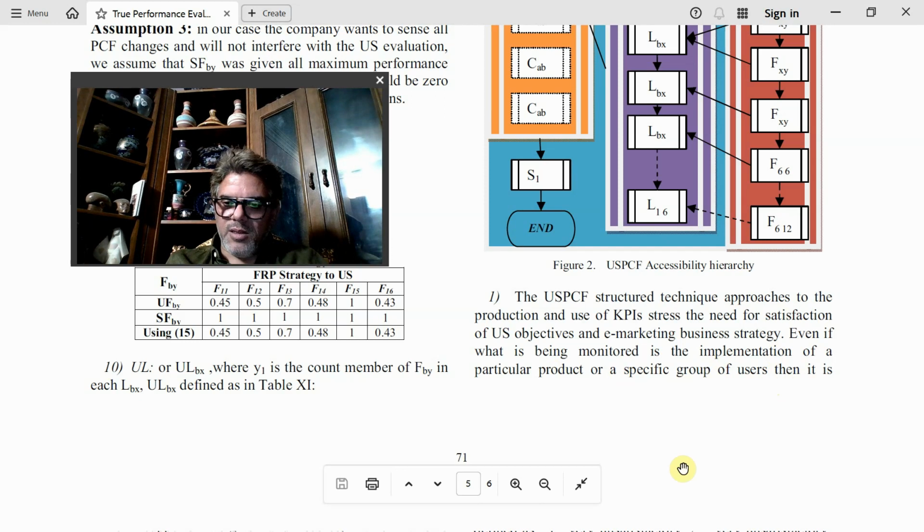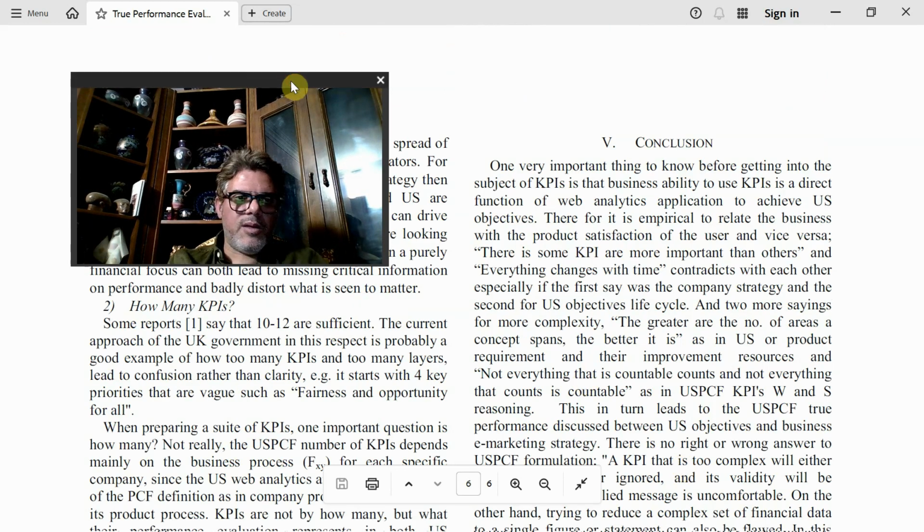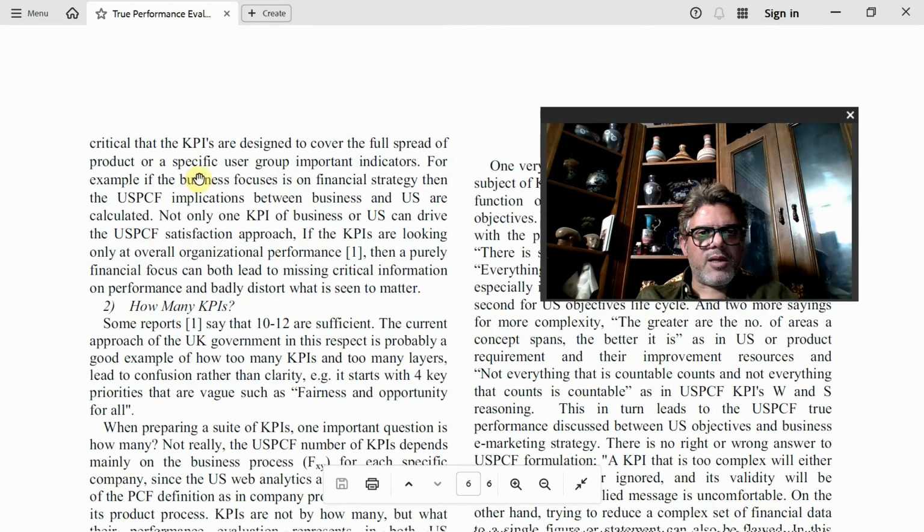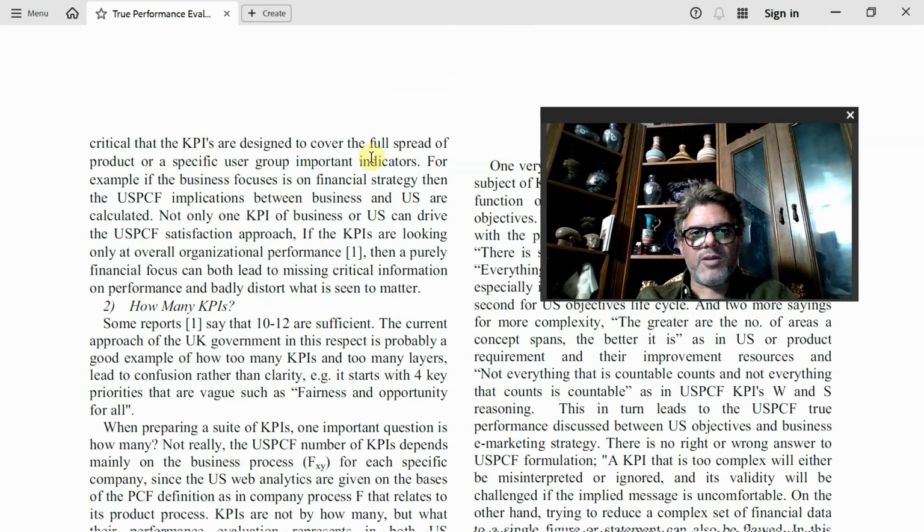Then it is critical that the key performance indicators are designed to cover the full spread of product and specific user importance indicators, which is the life cycle of the e-marketing environment. For example, if the business focuses on financial strategies, then the user satisfaction process classification framework implications between the business and the users are calculated. Not only one KPI of business or the user satisfaction can drive the user satisfaction process classification from the satisfaction approach.